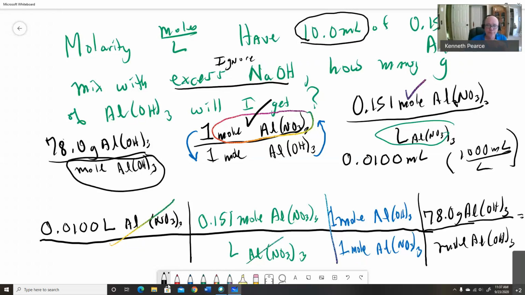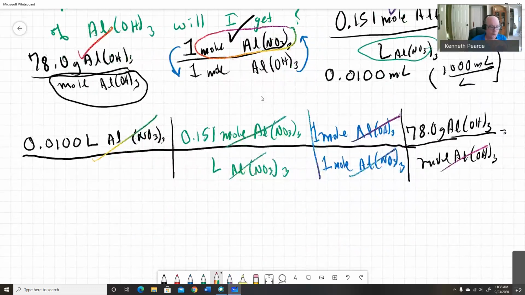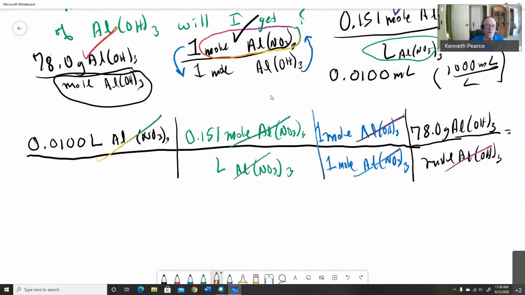And we're done. All we have to do now is make sure that units cancel, and they do. Moles aluminum nitrate cancels with moles aluminum nitrate, and the moles aluminum hydroxide cancels with the moles aluminum hydroxide, and we have used up all of our conversion factors. Now all that's left is to put it in our calculator, and then we're done.